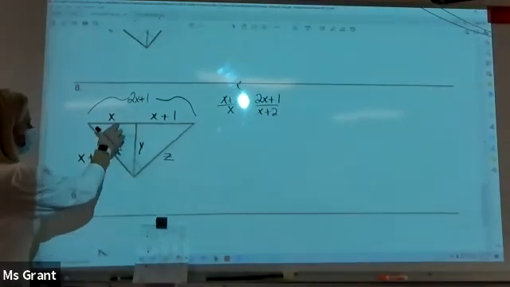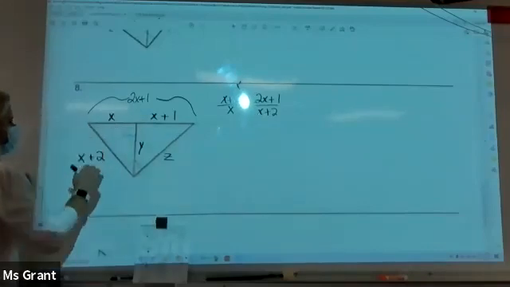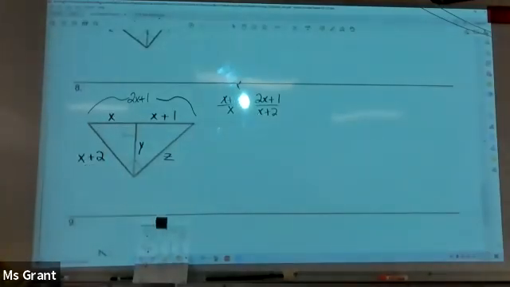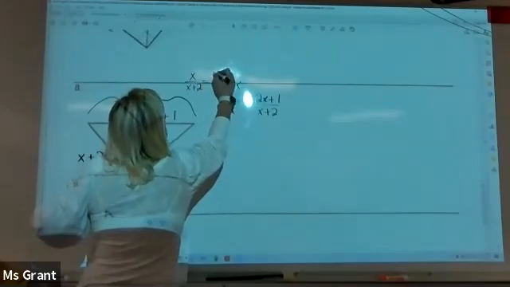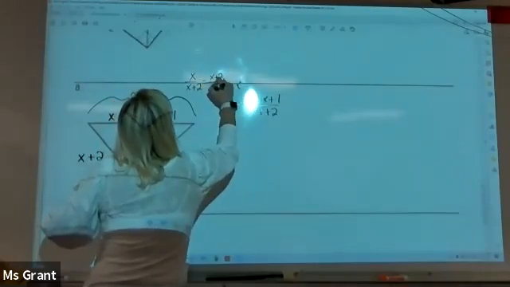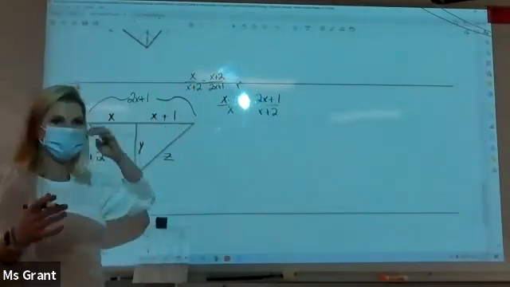X plus 2 over x equals 2x plus 1 over x. If you wrote it the different way, you get the same answer. Okay?